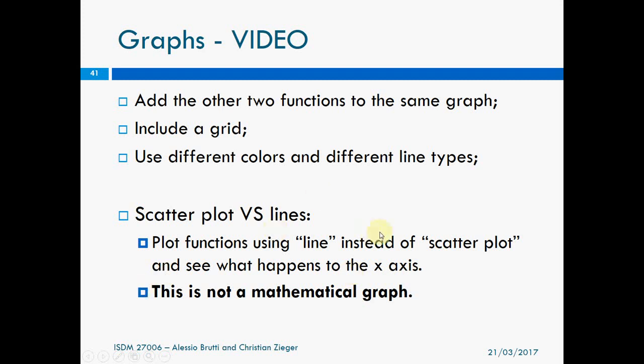So this is a point of the exercise to make you notice that when you need to produce a mathematical graph, you have to use always scatter plot, not lines. So try to solve this part of the exercise by yourself, and then we're going to see the solution together. So now pause this video and solve the exercise. Please pause this video.